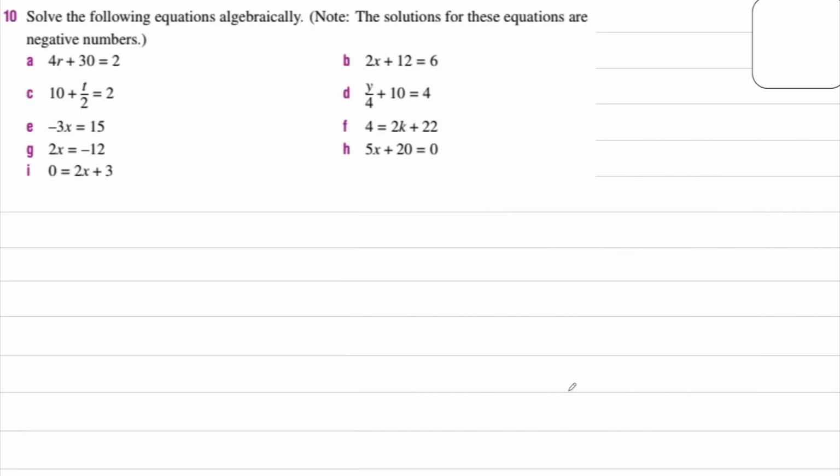The next question is: solve the following equation algebraically. Many more questions to solve. These involve negative numbers. Okay, we continue practicing with negative numbers.